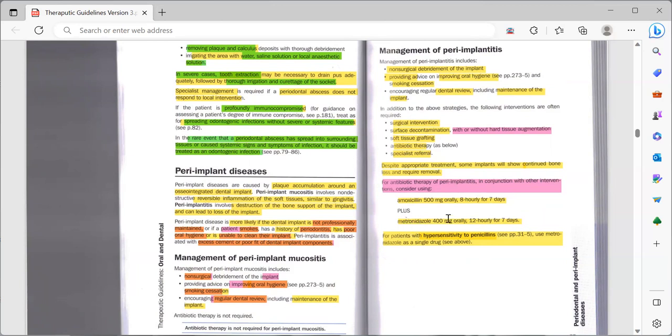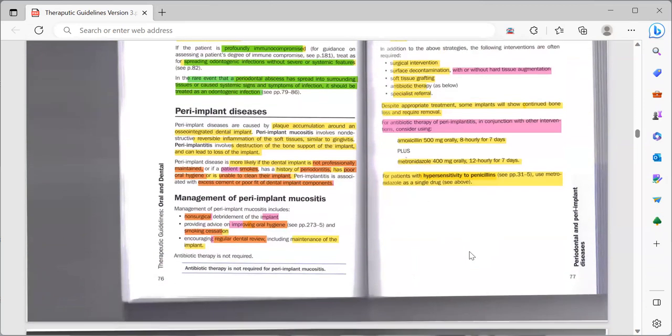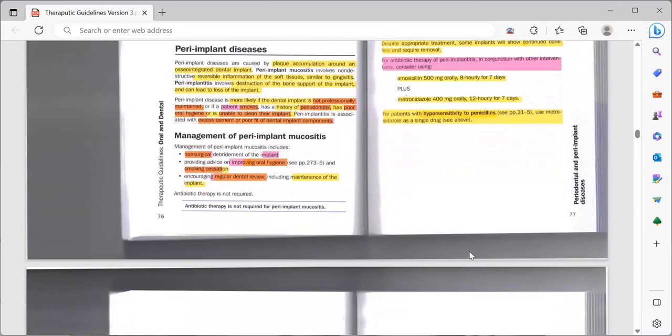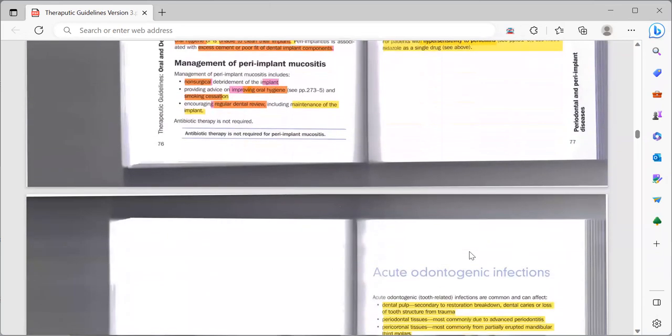Plus metronidazole 400 milligram orally 12 hourly for 7 days. But if the patient is hypersensitive to penicillin, then you can prescribe only the metronidazole 400 milligram orally as a single drug. So with this, we have completed our periodontal case.